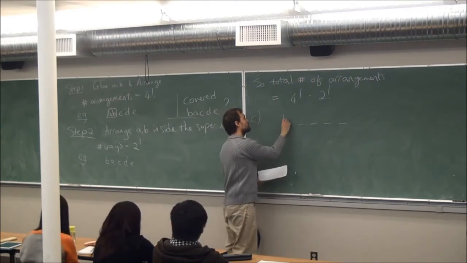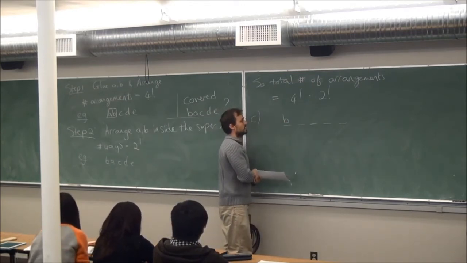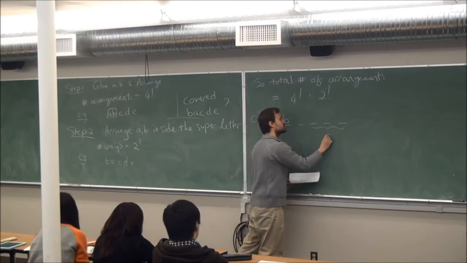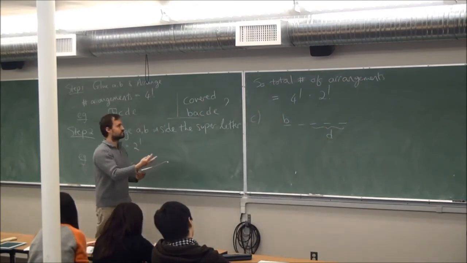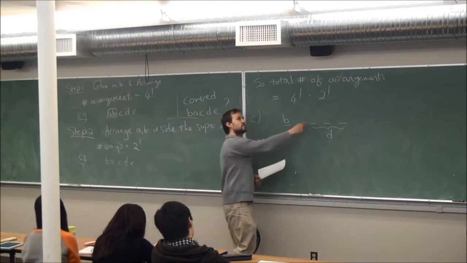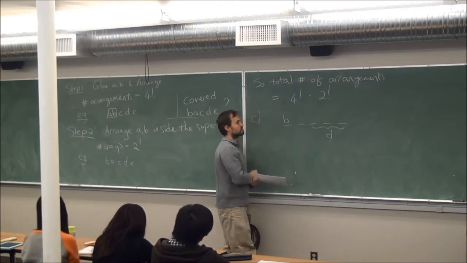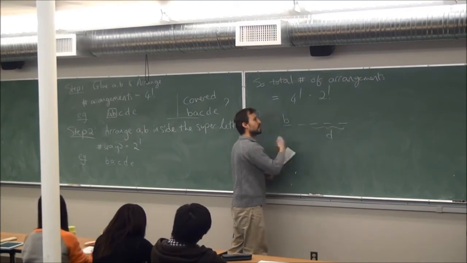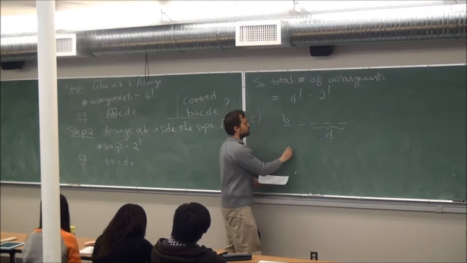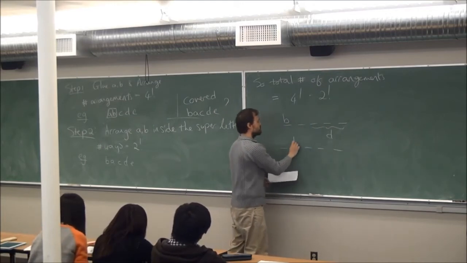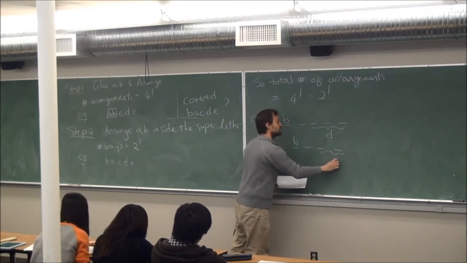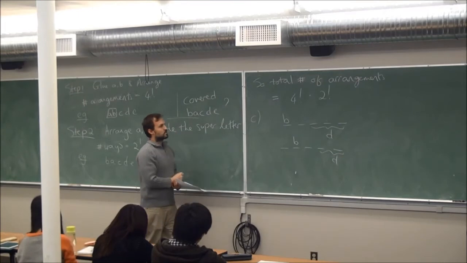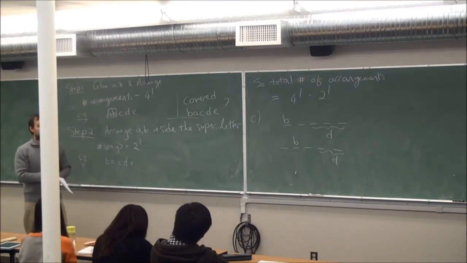If I put the B over here, for example, then I have 3 choices for the D. Sure, I can do that. Pick a position for the D and then arrange the other letters, and in that way build my arrangement. But if the B was over here, then I only have two choices for the D. So it seems like they depend on each other.